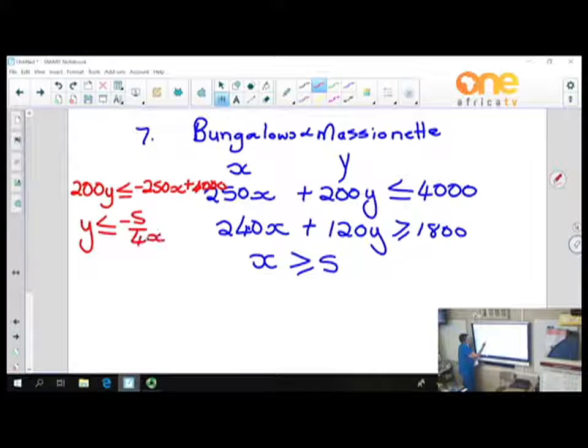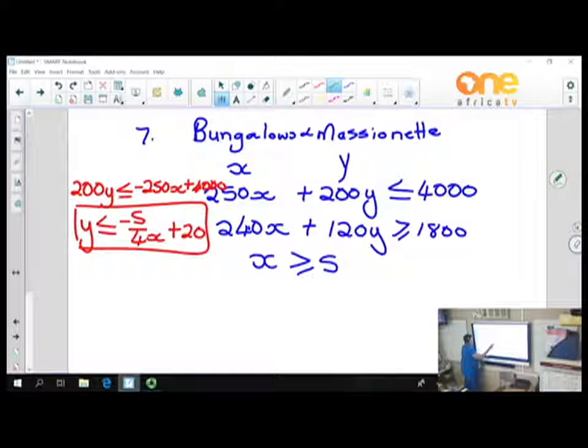So 5 over 4X. And what is 4,000 divided by 200? 20. And I'm showing you this because it looks like I have to draw this graph up to 4,000. And once we start, you're going to think, oh, it's not going to fit in, Ruan. So this is why I show you this now immediately. So this is the one that we're going to draw.